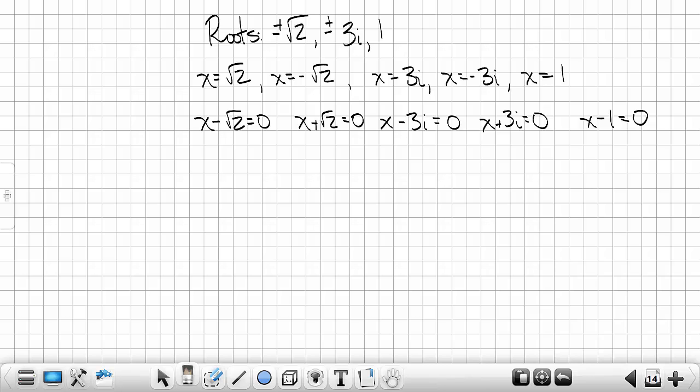And it did, didn't it? How much room did I give for this one? Oh, the bottom of the page.